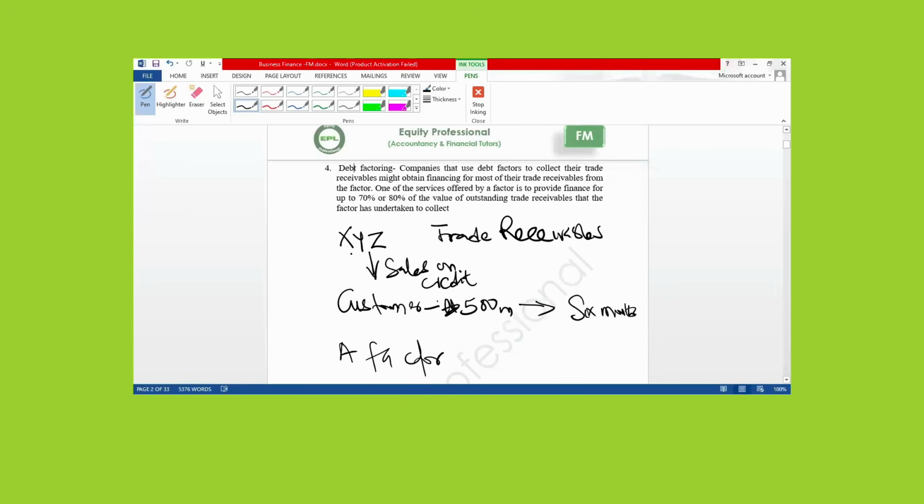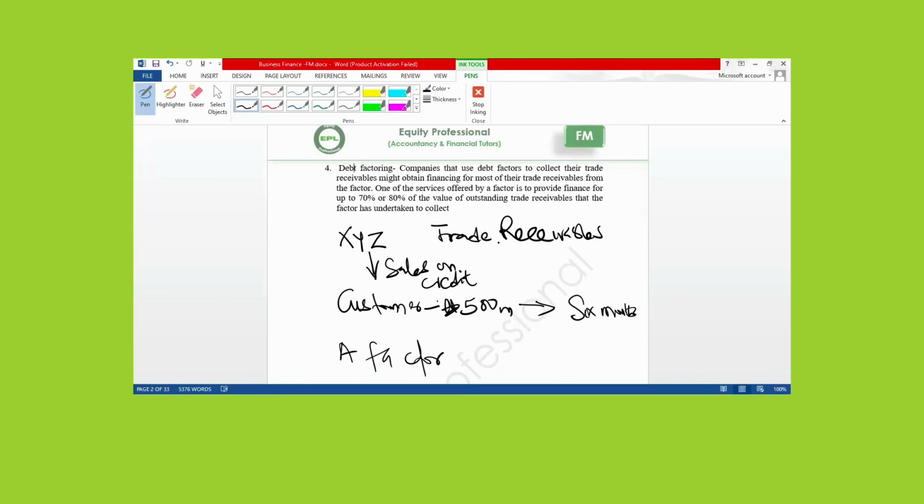The factor will follow up with the customer. It is the factor that will follow up with the collection of the money.